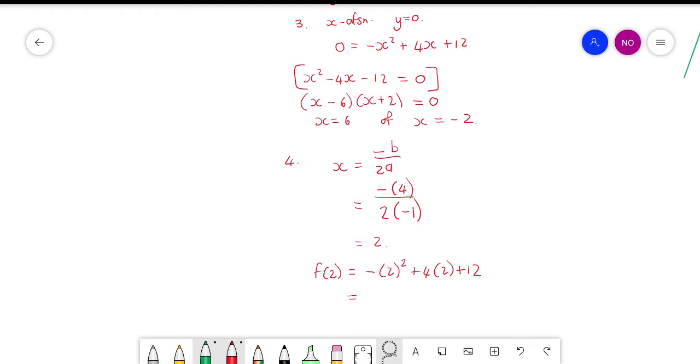You guys see, I don't put the minus in the bracket as well. So it's -4. So my turning point will be at 2 and 16.